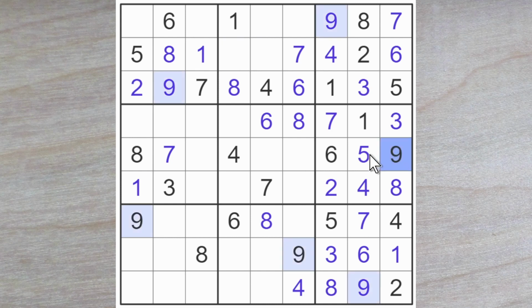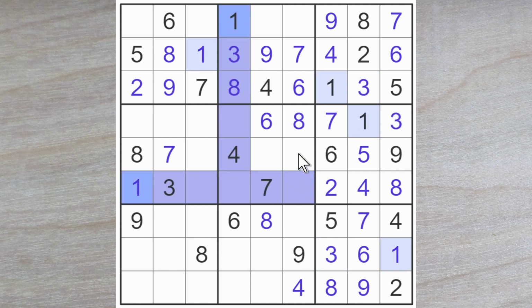Yes, we can. This 9 blocks across, this blocks up. One of these is a 9, therefore the 9 must go here, and the 3 here. Now we got a 1, 3 blocking down and a 1, 3 blocking over, so here's a 1 and a 3. And that makes this an automatic 2.